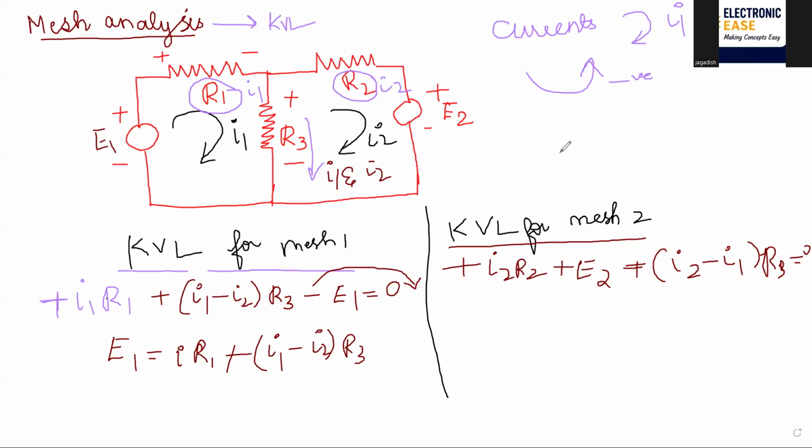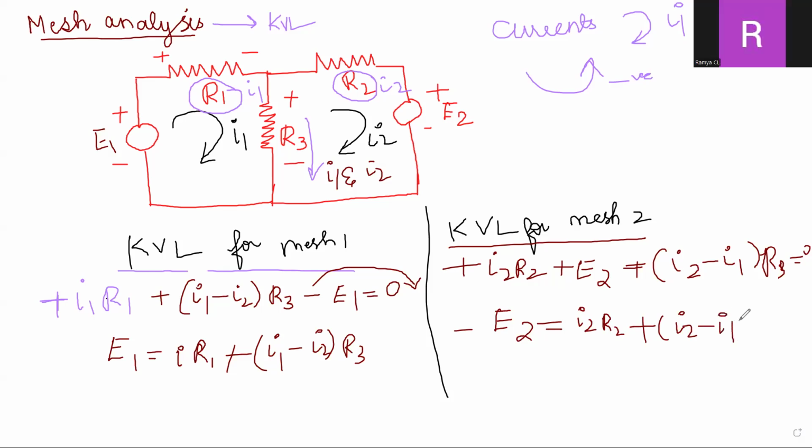So what will you be getting, children? The equation of E2. If I shift minus E2, it will be E2 equals I2 into R2 plus (I2 minus I1) into R3.